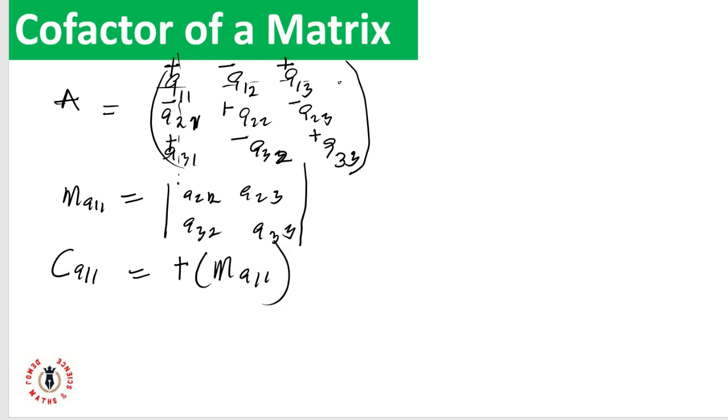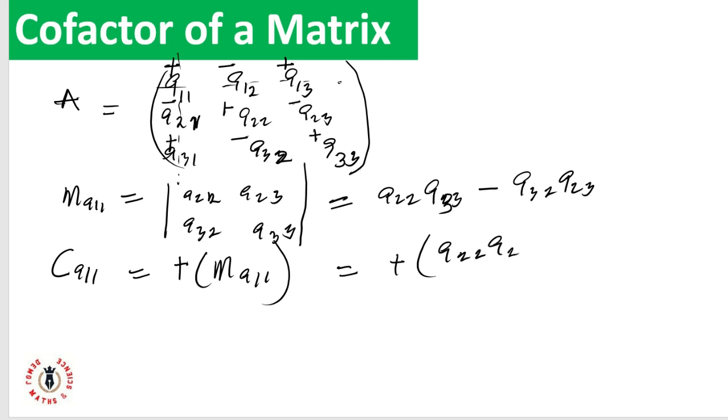So my determinant here is A22 times A33 minus A32 times A23. Then the cofactor will be the same thing, plus A22 A33 minus A32 A23.